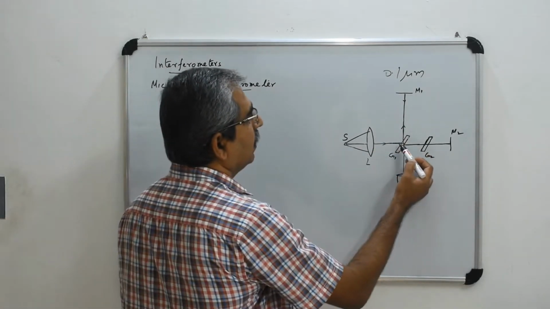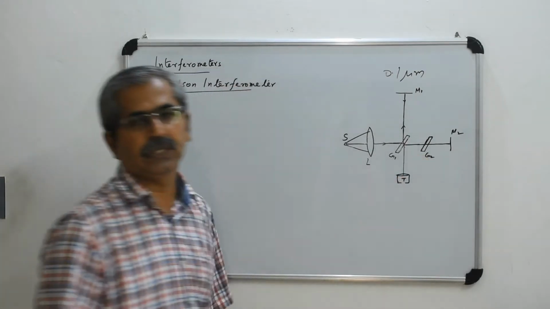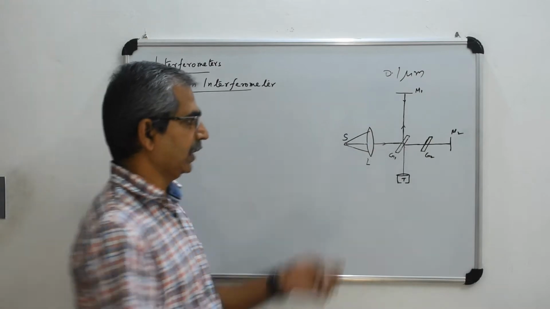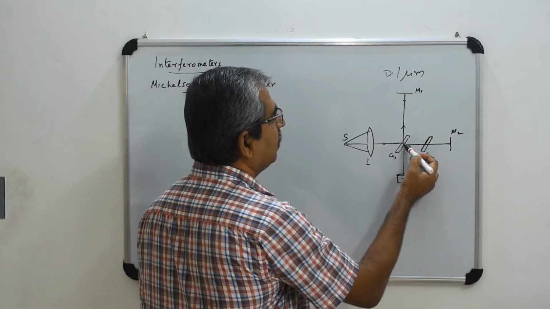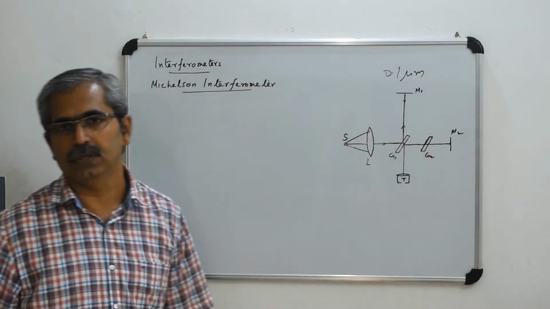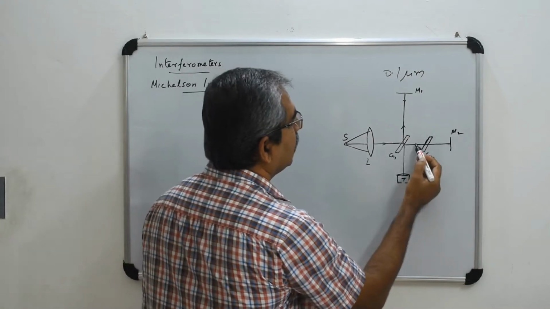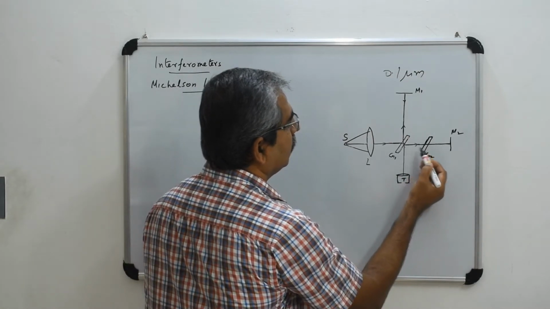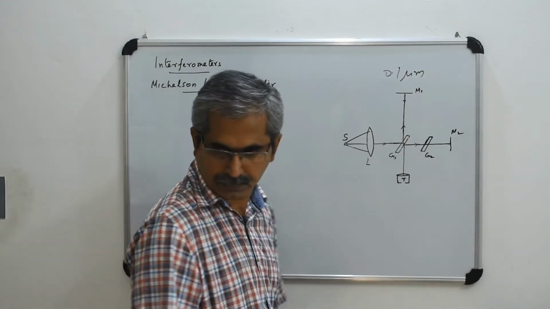A part of this light will be reflected, and that light will go to M1. Another part will be transmitted, and that will go to M2.